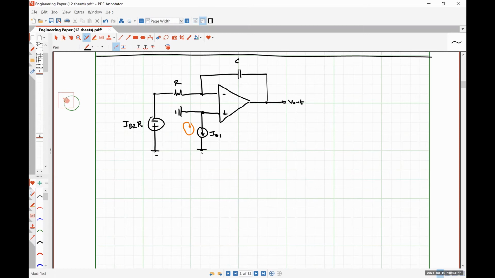So we should be easily able to see that V out is -1 over RC times the integral of our new input signal, which just happens to be negative IB2 times R. Negative because the polarity of this voltage source is opposite our typical input voltage polarity.